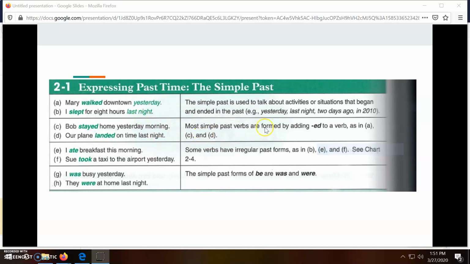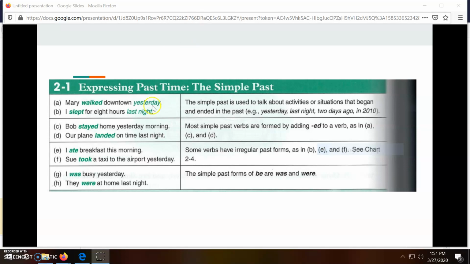Okay, so most simple past verbs are formed by adding ed to a verb. If they're regular verbs, then we see an ed. If there is an irregular verb, then you have to memorize all of the past forms because they're all different.